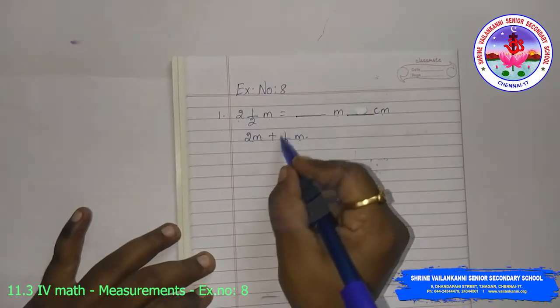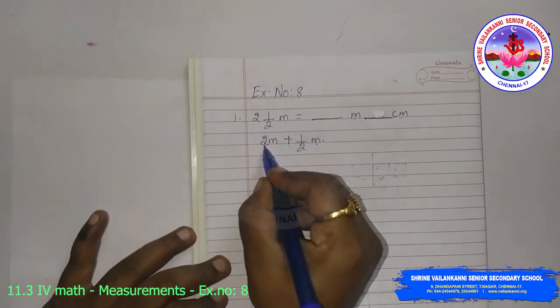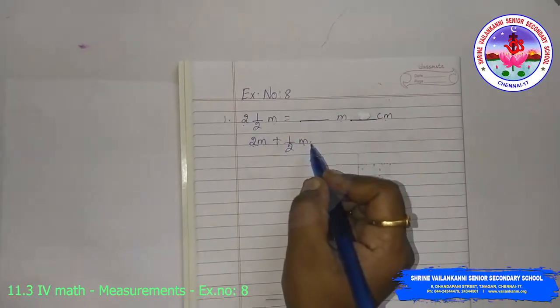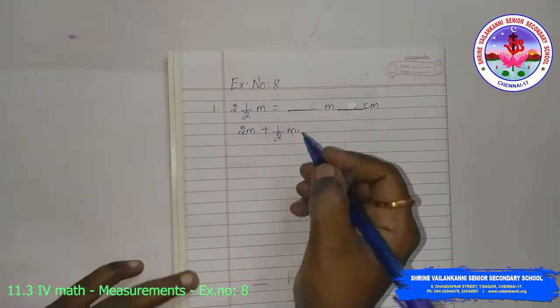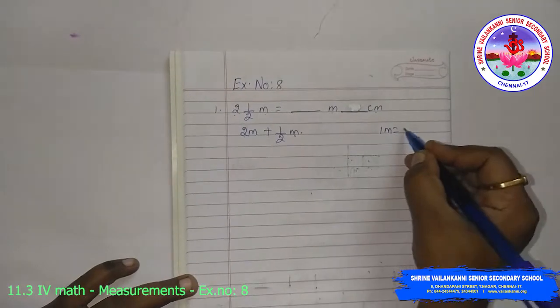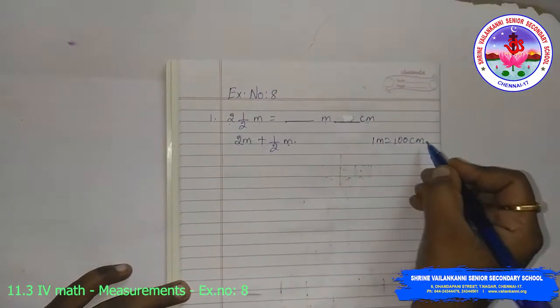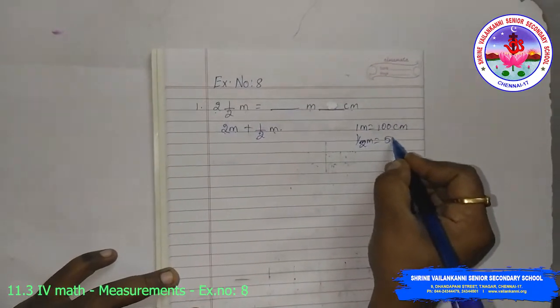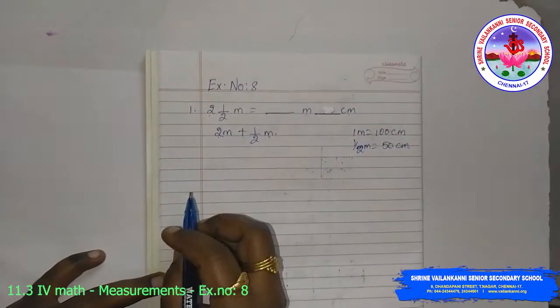So what is this 1/2 meter? 1/2 meter is a half meter. 1 meter is equal to 100 centimeter. So half meter means 50 centimeter. Right?